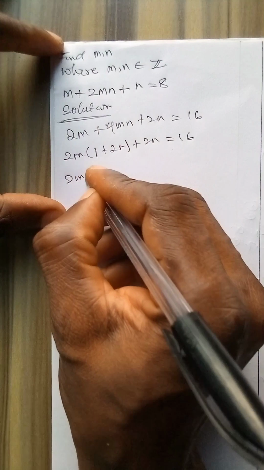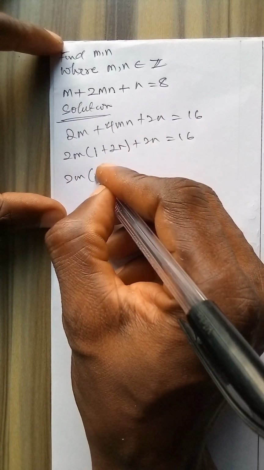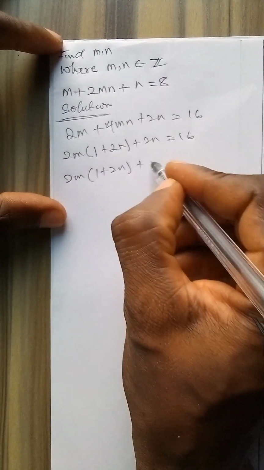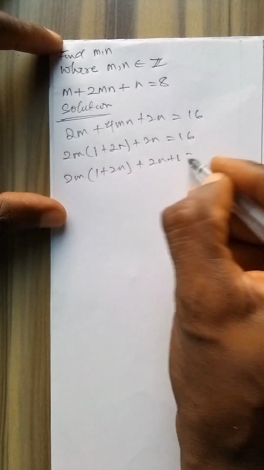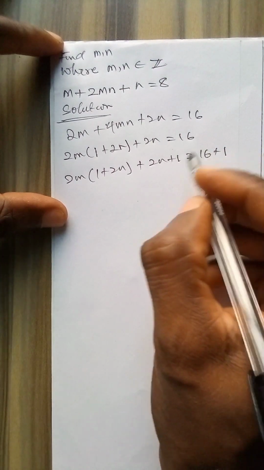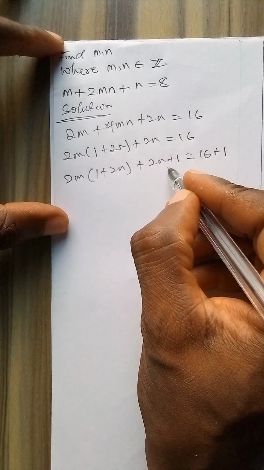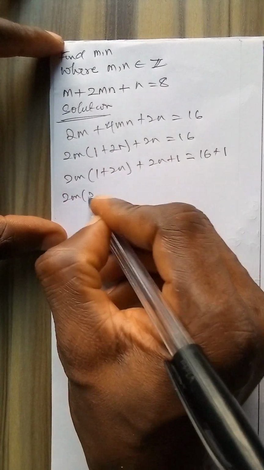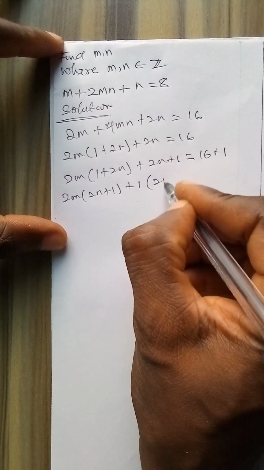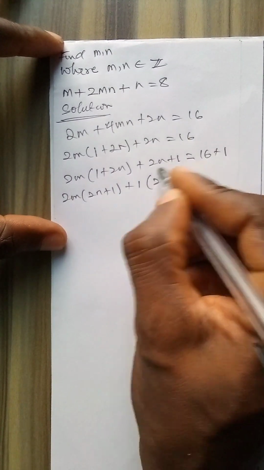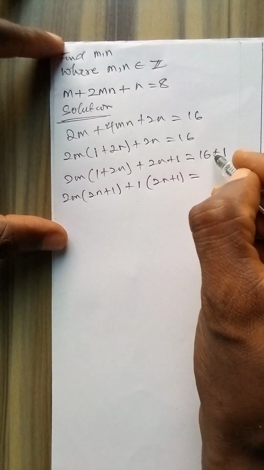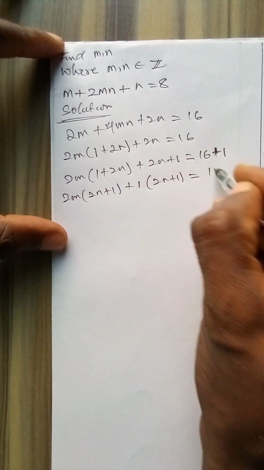So 2m times (1 plus 2n), which can be written as (2n plus 1), plus 2n plus 1 is equal to 16 plus 1. I just added 1 to both sides. So I can factorize 1 from this side: (2n plus 1) plus 1 brackets (2n plus 1), is equal to 1 plus 16, which is 17.